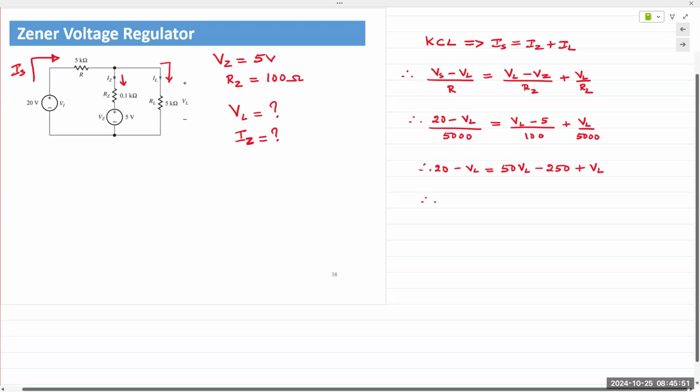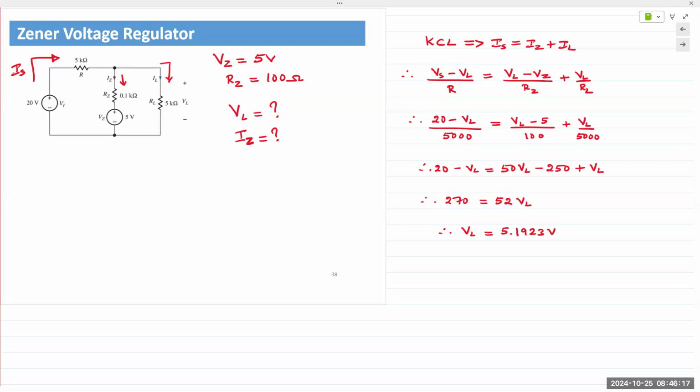So I would get 20 plus 250, so 270 is equal to 52 VL, and therefore VL is 5.1923 volts. Load voltage is not 5 because of the extra voltage drop across that Zener resistor, 100 ohms. And so instead of being 5 volts, it is now held at 5.1923.